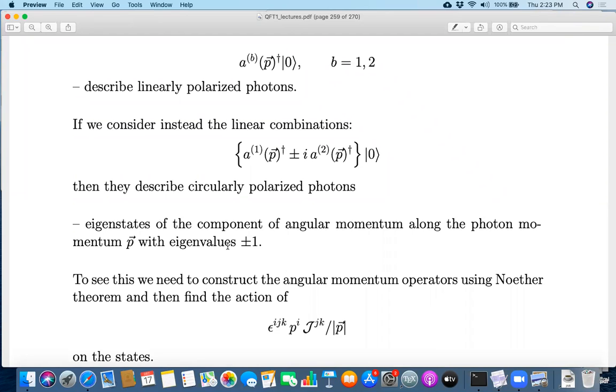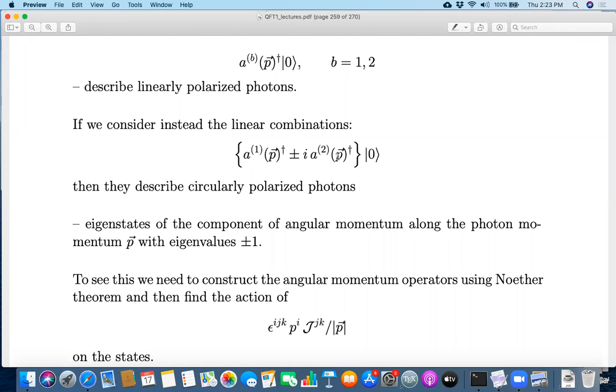For Dirac particles, which we'll see next, similar calculations will tell us that the angular momentum eigenvalues are plus or minus half. For photons, on the other hand, the angular momentum eigenvalues are plus or minus 1.